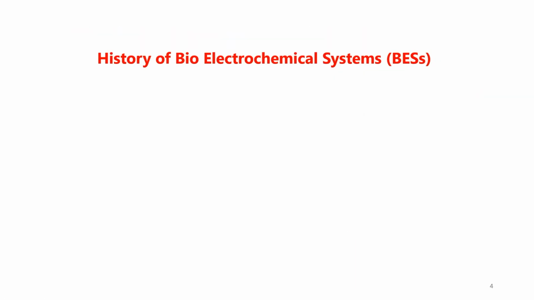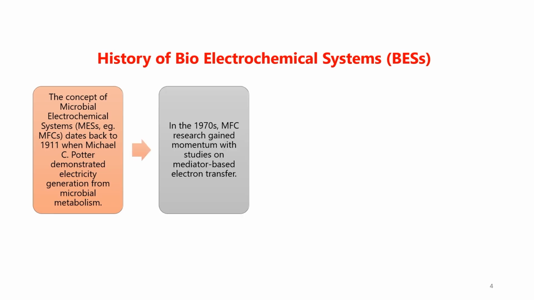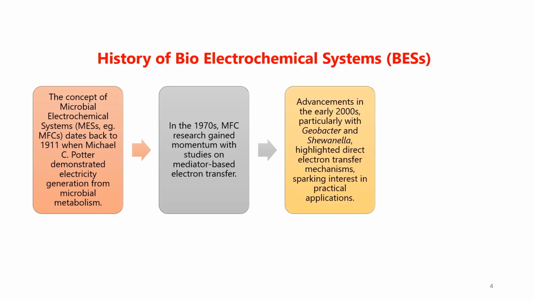So, how and when did these bioelectrochemical systems come into being? The concept of microbial electrochemical systems like MESs and MFCs dates back to 1911, when Michael C. Potter demonstrated that electricity can be generated from microbial metabolism. In the 1970s, MFC research gained momentum with studies on mediator based electron transfer.